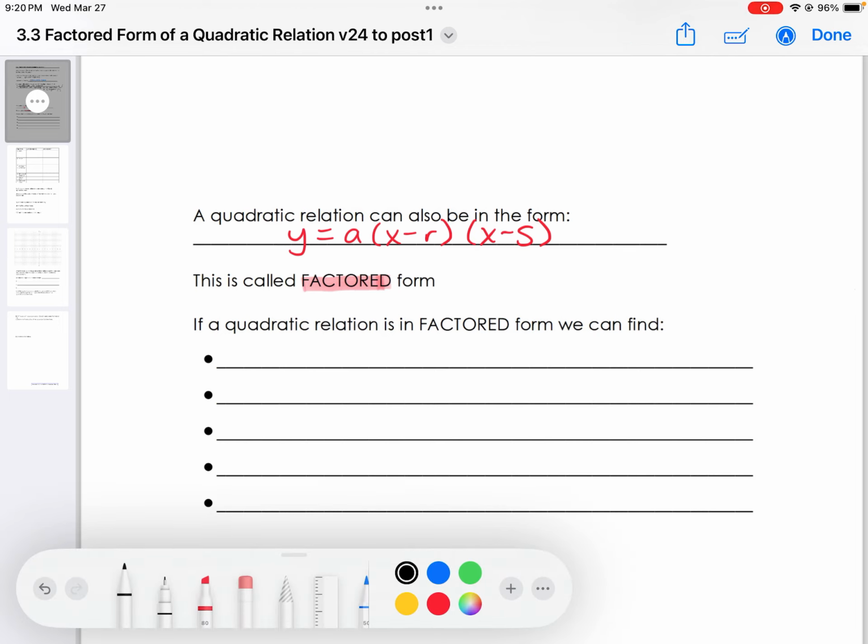Okay, so the reason we're moving away from standard form is because when a quadratic relation is expressed in factored form, you can see there are 5 dots there. We can do more things. So it still has an a value, so we can do the direction of opening.